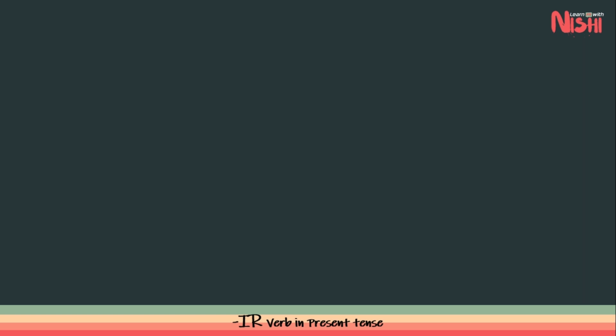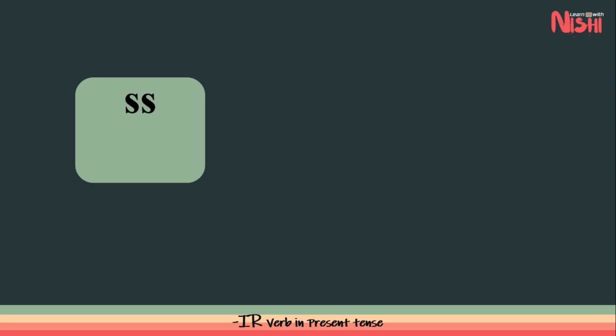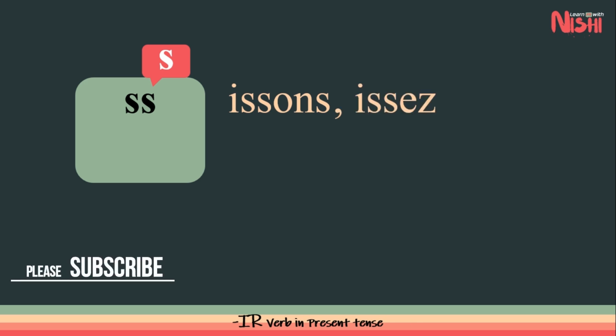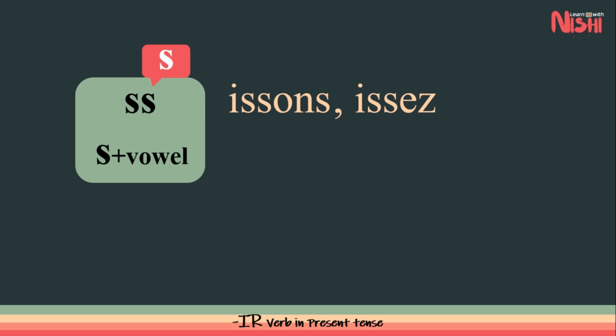Now, some important things about the pronunciation. If in a word we have a double S, then we pronounce it like only one S sound. For example, isson, isse. And if S comes before a vowel, then the S sound gets changed. It sounds like a Z sound.